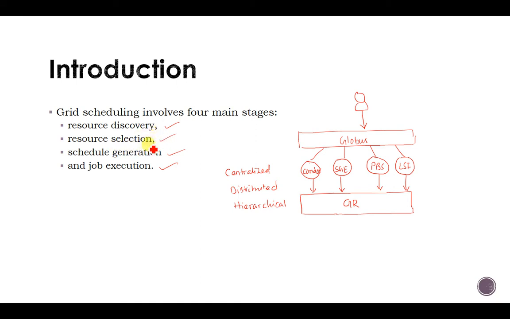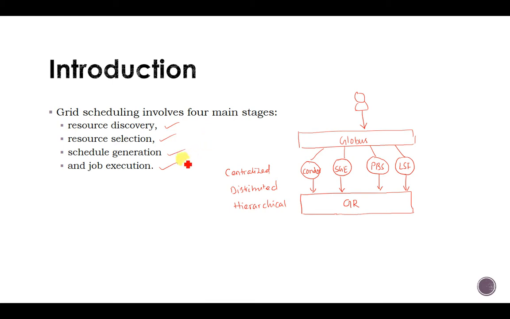After you select the resources, you create a schedule, meaning you generate a schedule so that the jobs assigned to the resources are executed flawlessly, without any overlapping or problem in executing the tasks, and throughput may also be considered there.